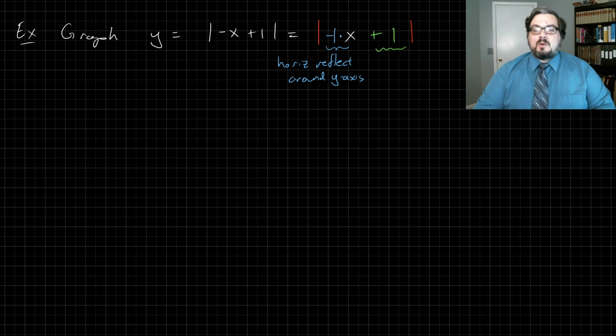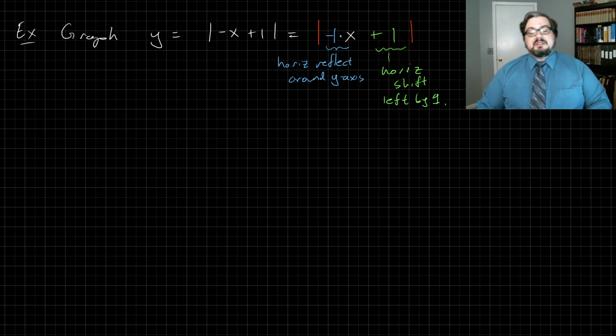Then the plus 1 here gives us a not vertical, still horizontal, shift. It's going to be to the left by 1. Again, left because the stuff inside, the horizontal stuff, behaves sort of backwards.